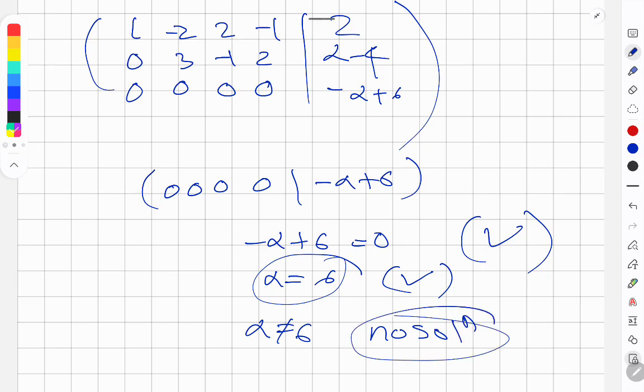When alpha equals 6, we have the zero row, 0 0 0 0 0, so we will have free variables and we can solve the equation, so there will be a solution. But if alpha is not equal to 6, it will be like 0 0 0 0 1 here. This does not have a solution, because 0 cannot be equal to 1. Understood?